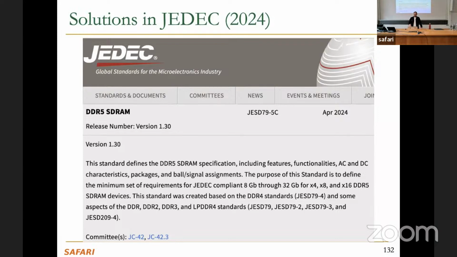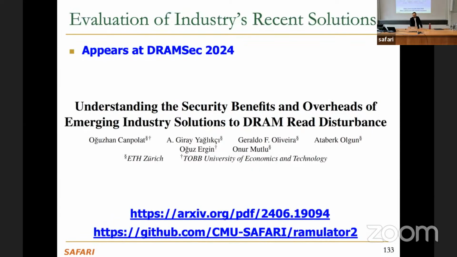And you perform these victim row refresh operations based on the activation counts quite on the spot, or when needed. Tomorrow, Ozan will talk about this whole PRAC mechanism, its trade-offs, pros, cons, and limitations. And we already analyzed it in a short paper that was published in this year's DRAMSec. As you can see, Ozan is the first author.